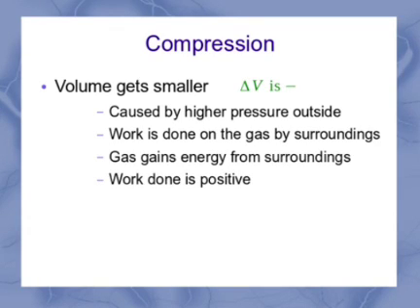And that means the work done on the gas has got to be positive. So if we go back to our equation here, we have our negative out front. Our pressure is still positive, but now our delta V is negative. And the negative times a negative gives us a positive. So indeed, having this negative sign in here is what we want to be able to have our work correctly expressed for the work done on the gas, whether the gas is losing or gaining energy.